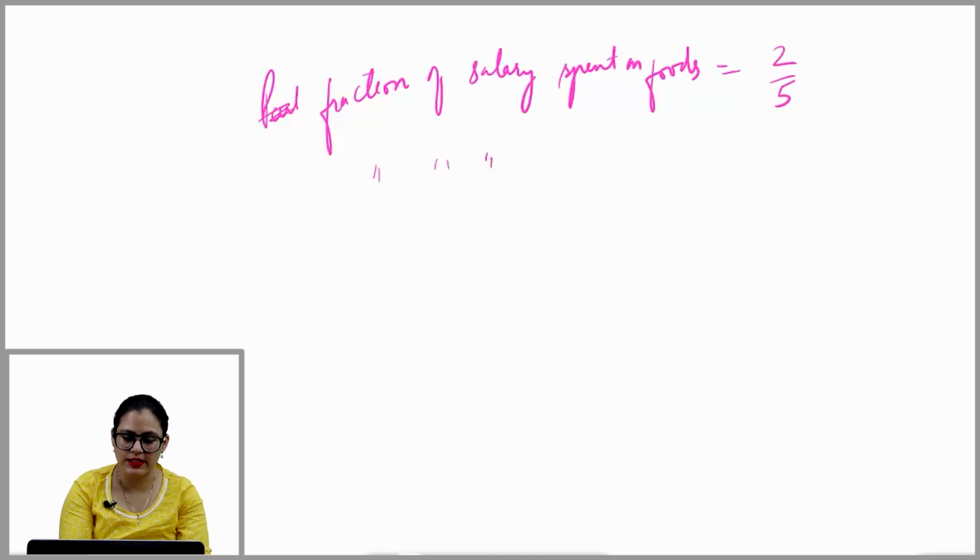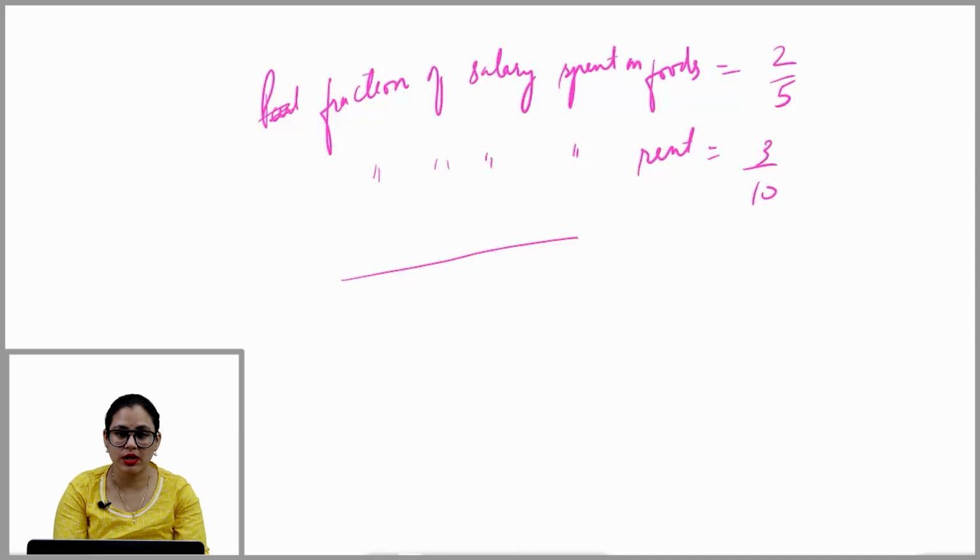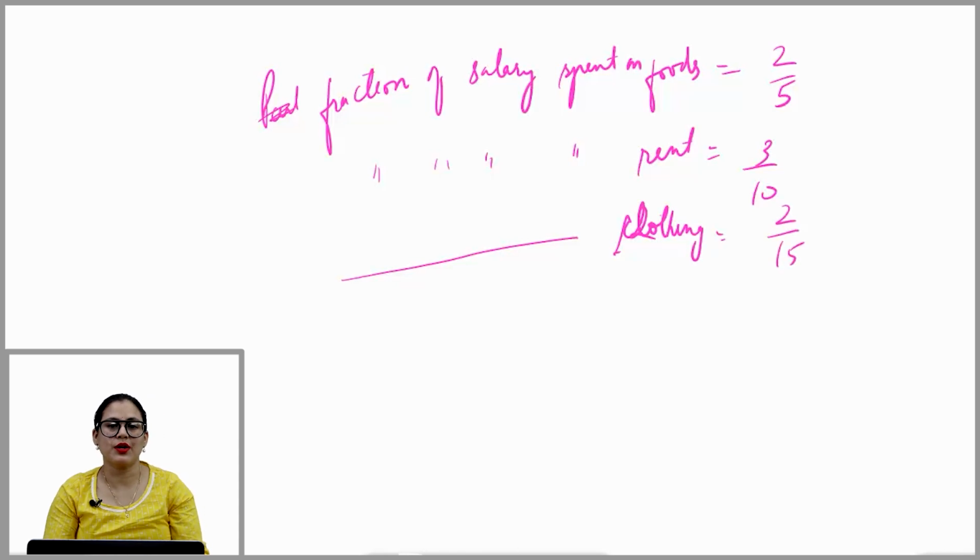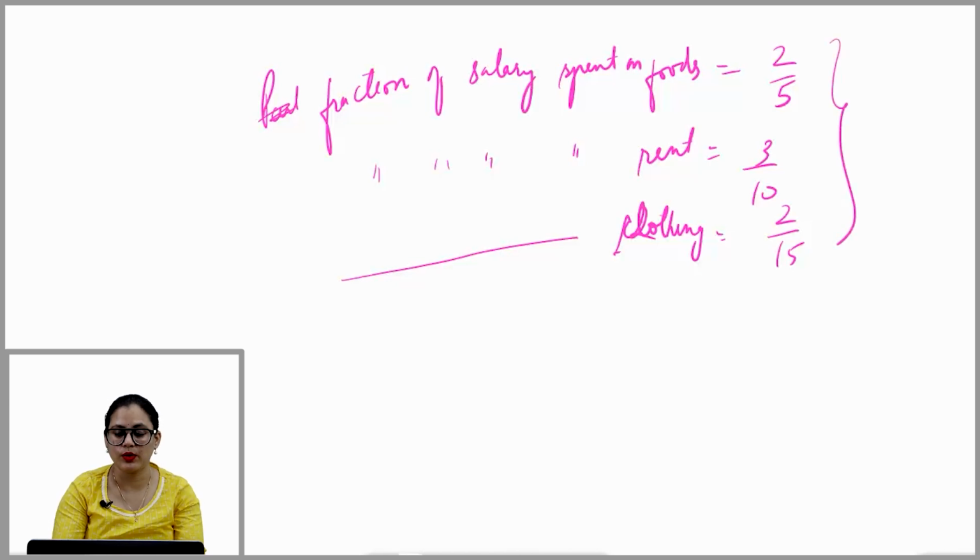Fraction of salary spent on rent: 3 by 10. And the fraction of salary spent on clothing is 2 by 15. What we have to find out is what fraction of his salary he spent on food, rent and clothing. So we will have to add all these fractions.